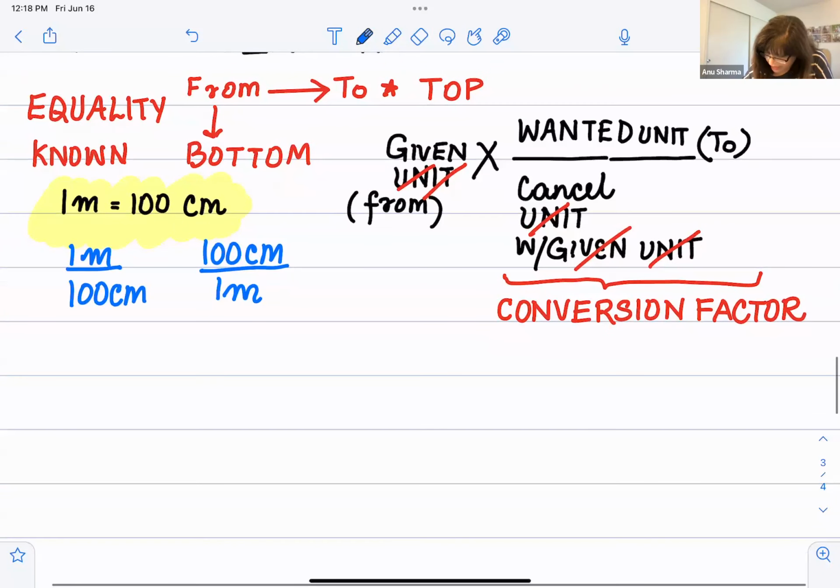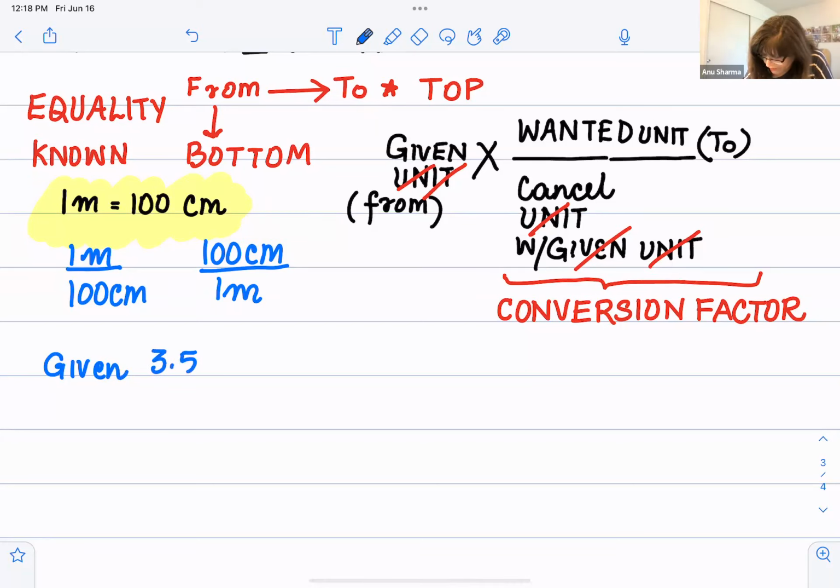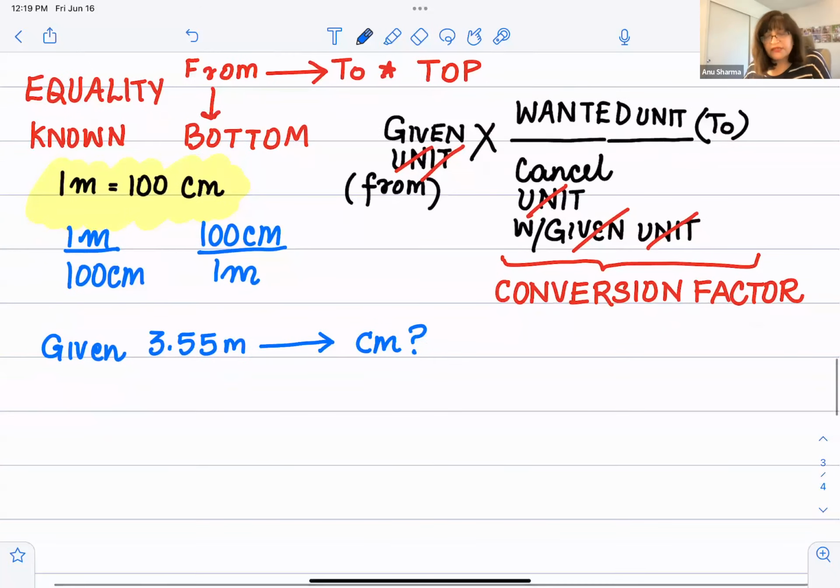Now let's say you are given 3.55 meters, and you have to find how many centimeters that is. In other words, you want to convert meters to centimeters. So when centimeters is wanted, we use the conversion factor where centimeters is on the top.